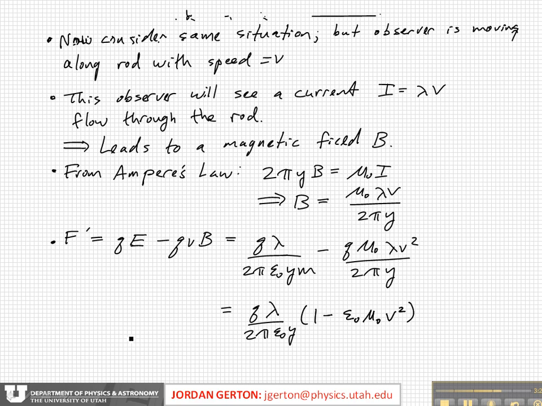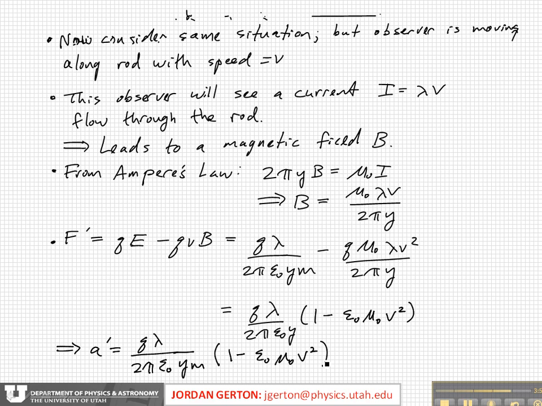Okay, so finally this leads to an acceleration which is equal to the charge of the particle times the charge density of the rod, divided by 2 pi epsilon naught, the distance, and the mass.